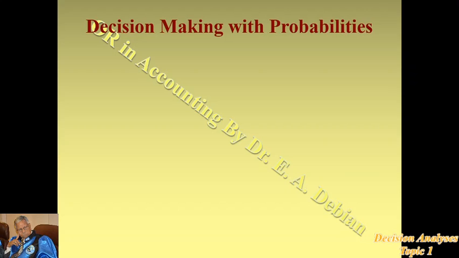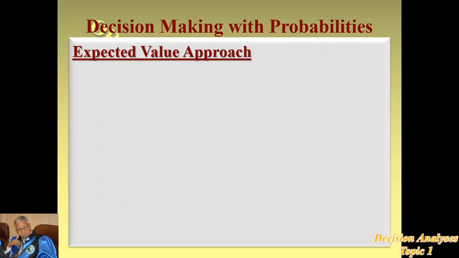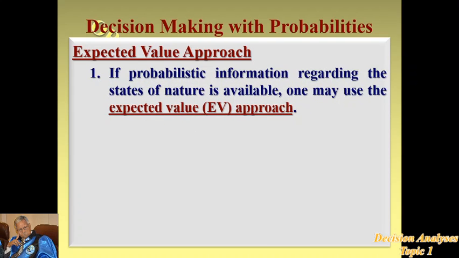Under probabilities, we will depend on the expected payoff of each decision alternative as follows. So we can call decision making with probabilities the expected value approach, because we will use the probability to calculate the expected value of each decision alternative.